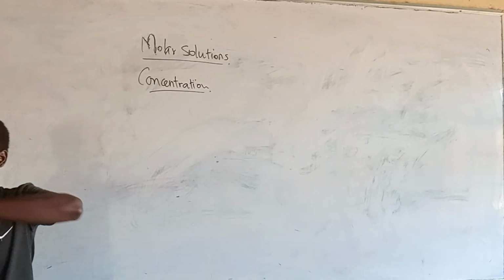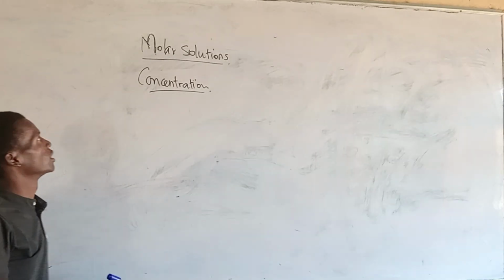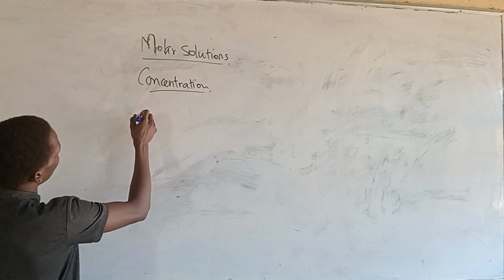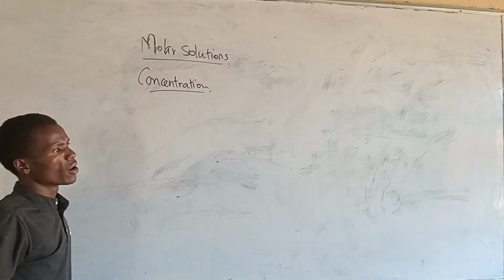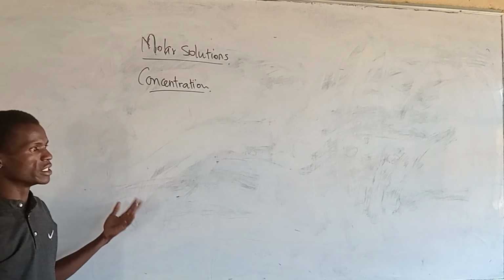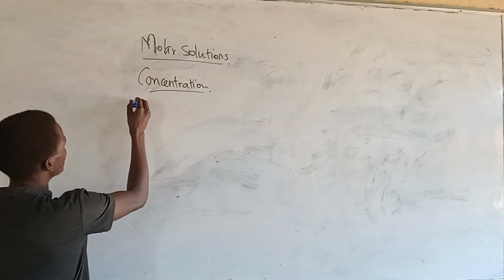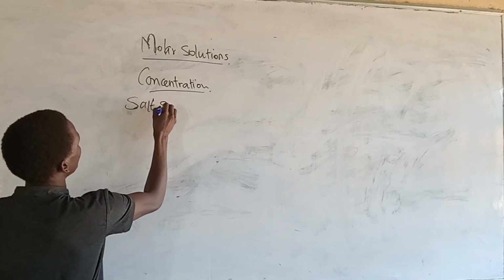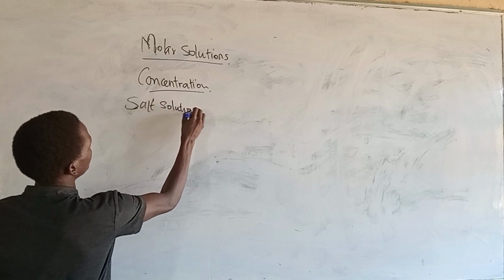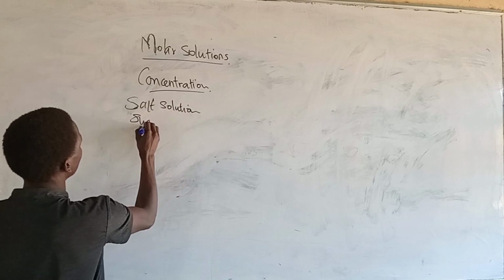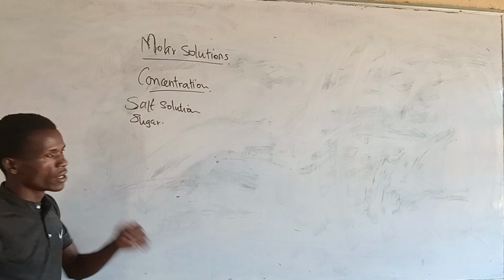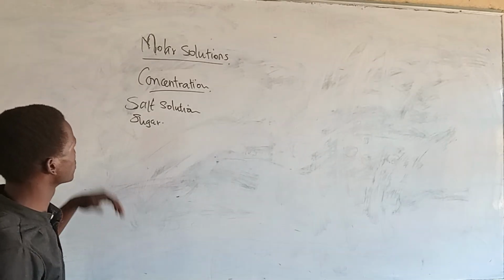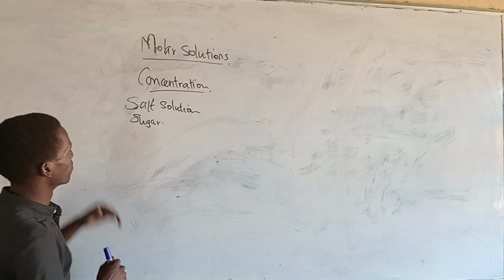Now, I want to start by saying that you know about concentration when it comes to a solution. Let me just give an example with either a salt solution or sugar, just so that we can understand from here.